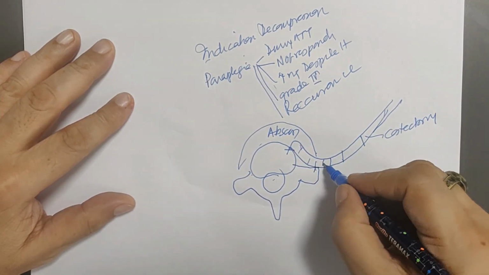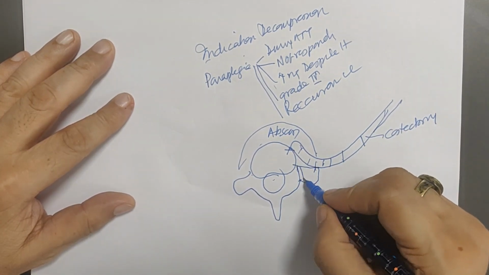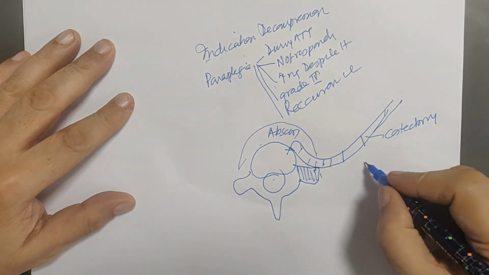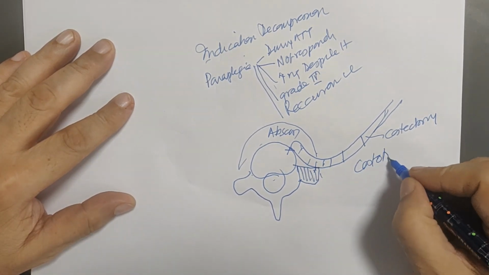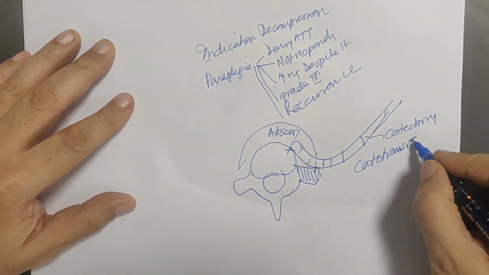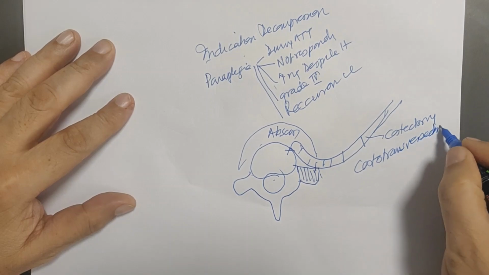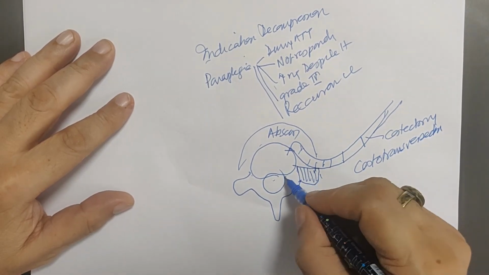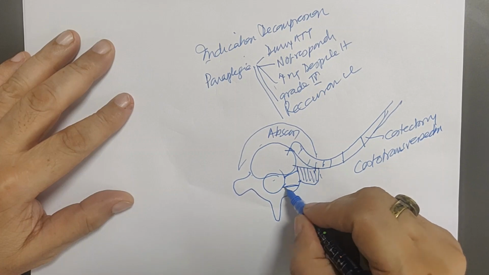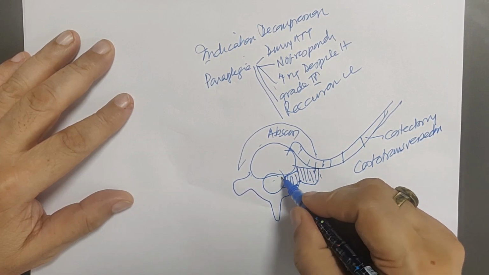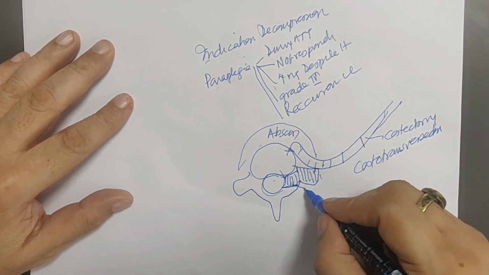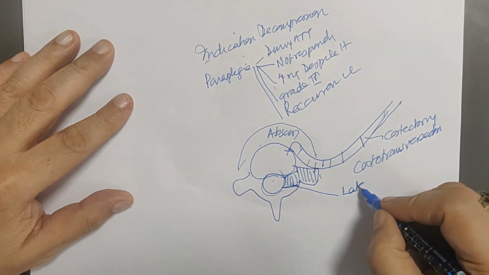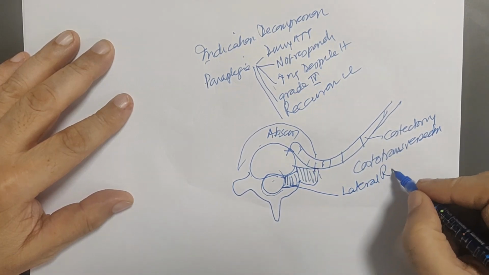The second thing is to remove the transverse process also. That is costo-transversectomy. The third is to remove the pedicle. That will decompress the spinal canal. So this is called lateral rachotomy.